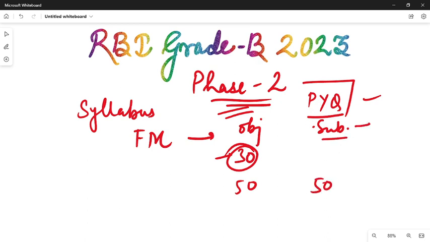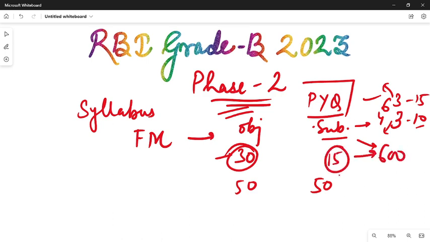In the subjective portion, you will be encountering 6 questions in totality, 3 questions of 15 marks and 3 questions of 10 marks. In all, you have to attempt only 4 questions, 2 questions from the 15 markers and 2 questions from the 10 markers. There is also a word limit described, that in the 15 marker questions you have to write 600 words, and in 10 marker questions you have to write 400 words.